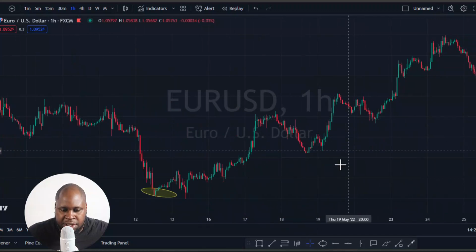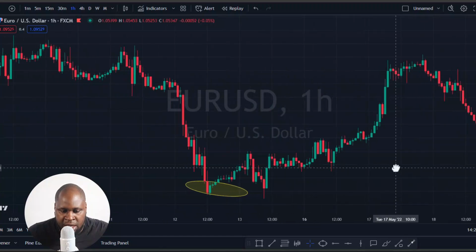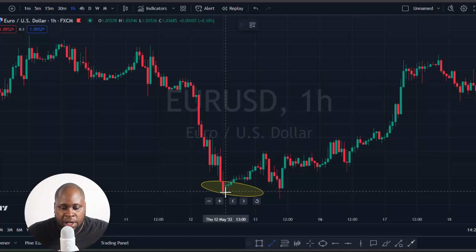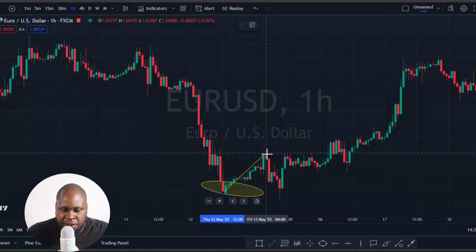So as we focus on this area, and I'll zoom in just a bit so you can take a good look at this, impulsive moves are coming straight out of an area of supply or demand. And we'll get into areas of supply and demand very shortly. But this would be an impulsive move coming straight from this area of demand over here.